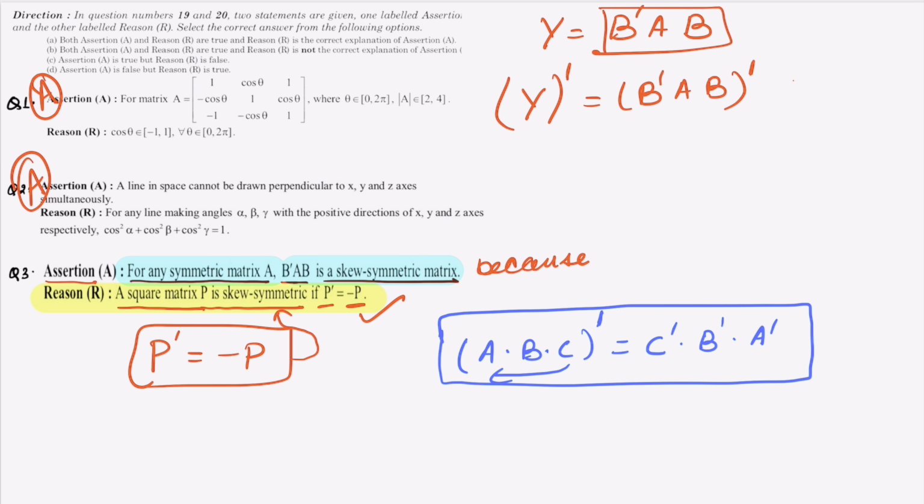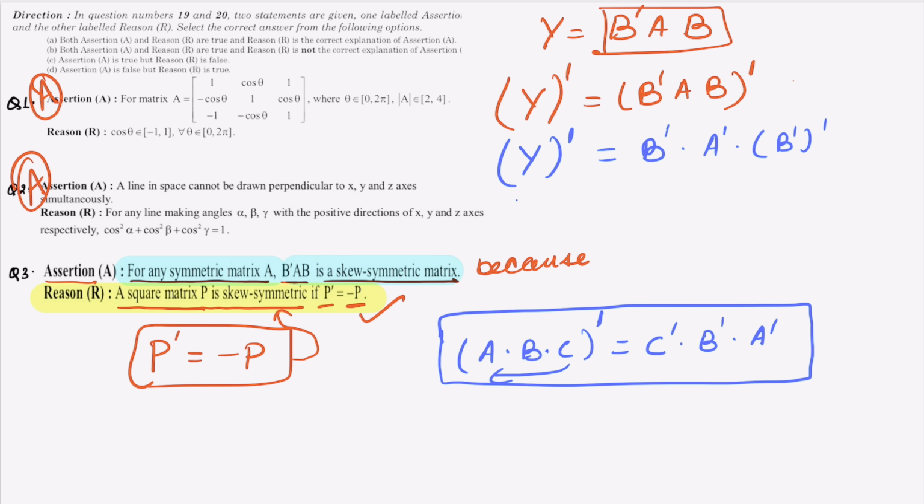Okay, so from here what we can say is transpose of Y will be equals to, so now we know that the order will reverse, so it will become transpose of B into transpose of A into transpose of B transpose.